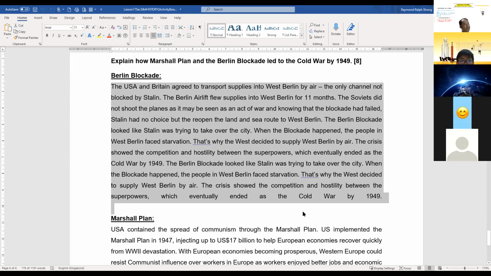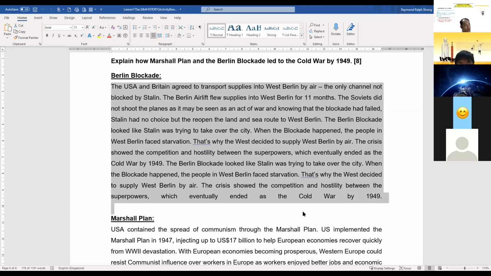The USA and Britain agreed to transport supplies into West Berlin by air, the only channel not blocked by Stalin. The Berlin airlift flew supplies into West Berlin for 11 months. The Soviets did not shoot the planes, as it may be seen as an act of war, and knowing that the blockade had failed, Stalin had no choice but to reopen the land and sea route to West Berlin.